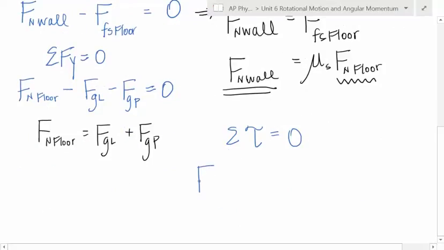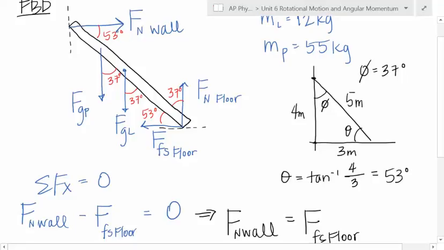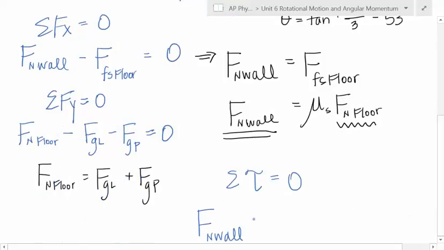So the force normal from the wall, the component, I need the opposite, right? I need this component right here. So opposite of the angle, sine of 53, and then where is that force?